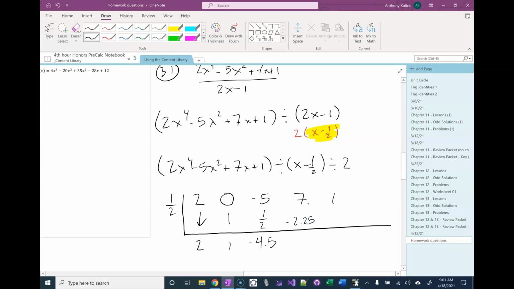And 7 minus 2.25, or plus a negative, is 4.75. And then 4.75 times 1/2 is 2.375. Add down is 3.375.